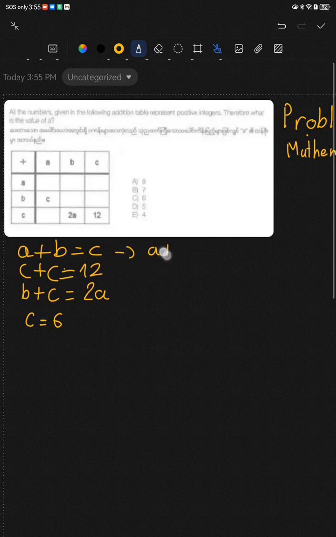This turns to a plus b equals 6. Then this b plus 6 equals 2a.